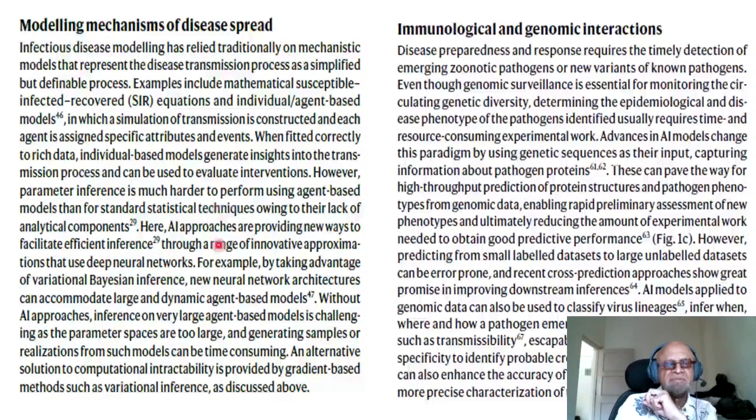However, parameter inference is much harder to perform using agent-based models than for standard statistical techniques owing to their lack of analytical component. So that's where AI approaches are providing new ways to facilitate efficient inference through a range of innovative approximations that use deep neural networks, for example, by taking advantage of variational Bayesian inference.